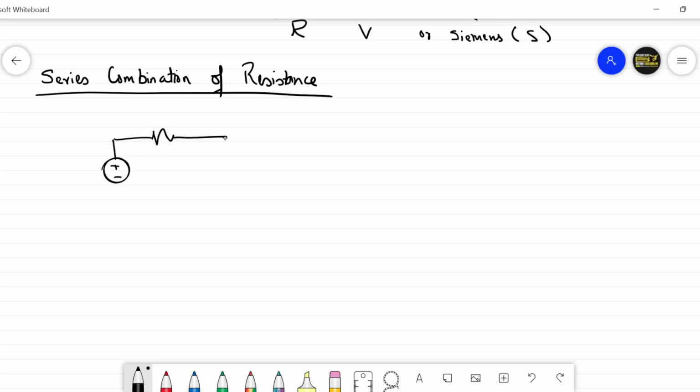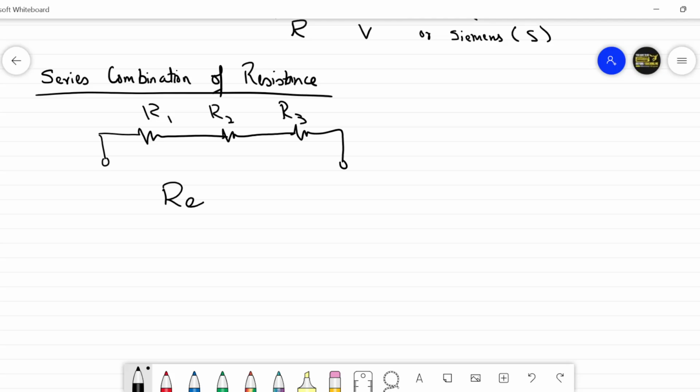If you have a number of resistances, R1, R2, R3, connected in series, the equivalent resistance offered by these three is simply equal to R1 plus R2 plus R3. If there are n resistances all in series, then the total equivalent resistance is equal to R1 plus R2 plus R3, and so on up to Rn.